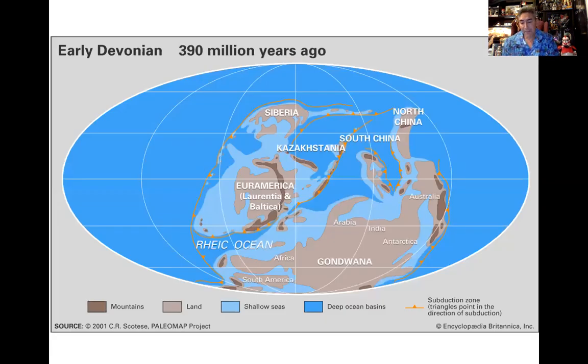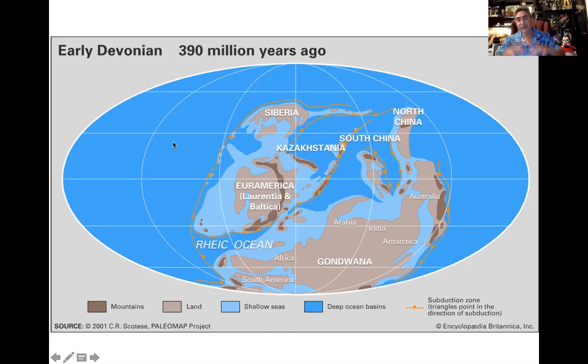Okay, so again, even I, and I suspect you as well, struggle trying to visualize geologic time, right? It's hard to envision this amount of time, 390 million years ago. Well, at that time, what we call the early Devonian period, the Earth was not as it is today.